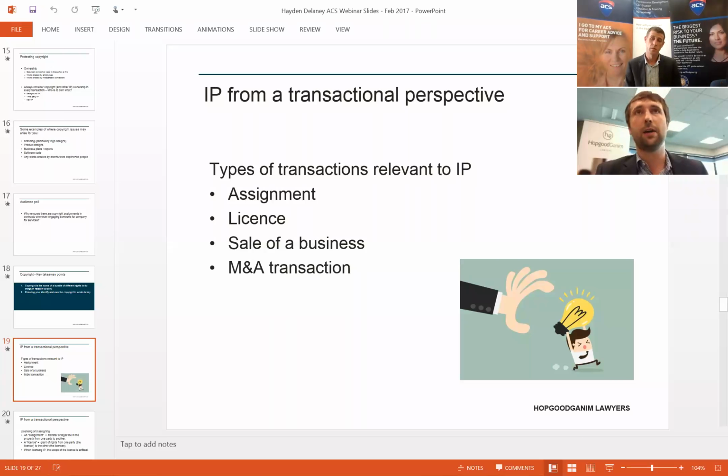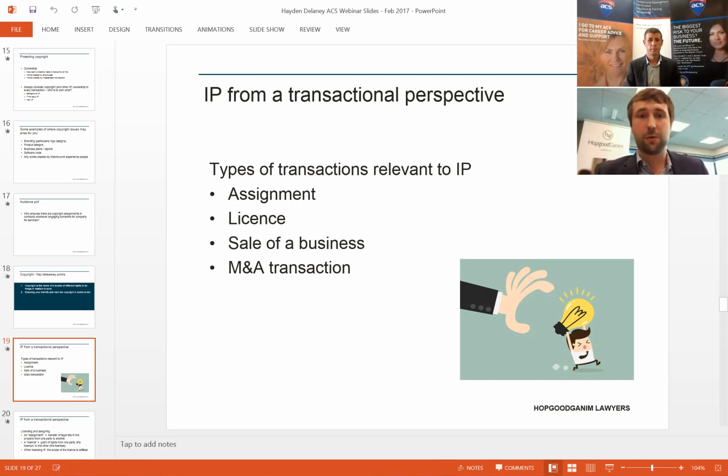Or I grant you a license to use the name HopgoodGanim Lawyers to operate a legal practice in X jurisdiction. I still retain ownership, but I'm granting rights to someone else to do something with it. If you use a real property analogy, it's more like a lease, but it is still a bit different.